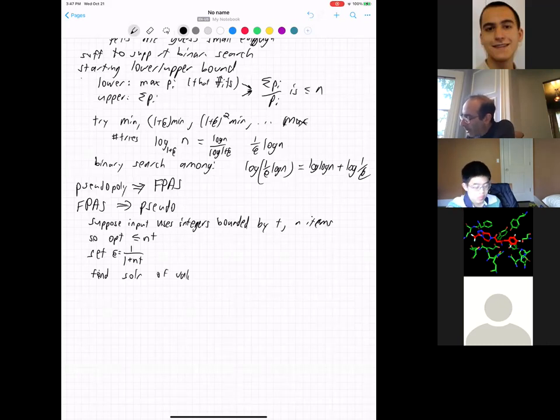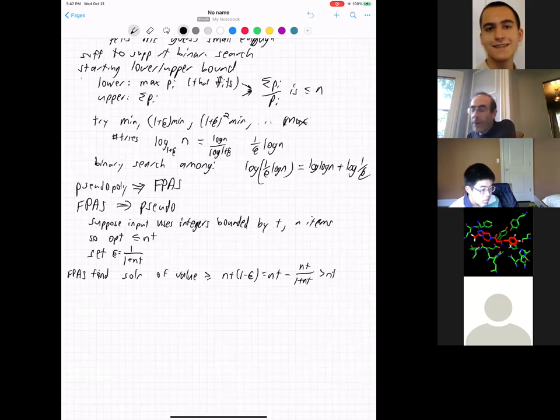Okay, and so now my FPAS will find a solution of value at least nt times 1 minus epsilon, right? Which is nt minus nt over 1 plus nt, which is greater than nt minus 1 and is therefore equal to nt.